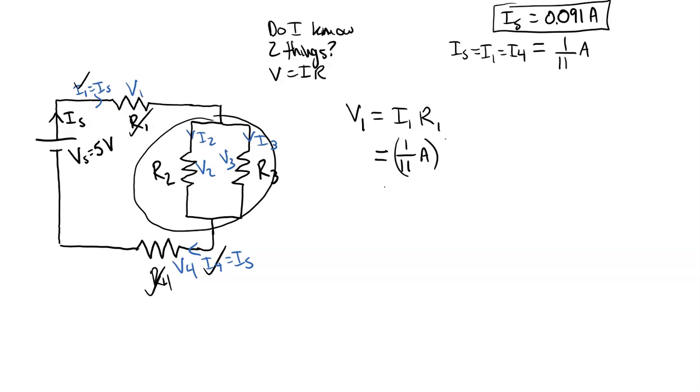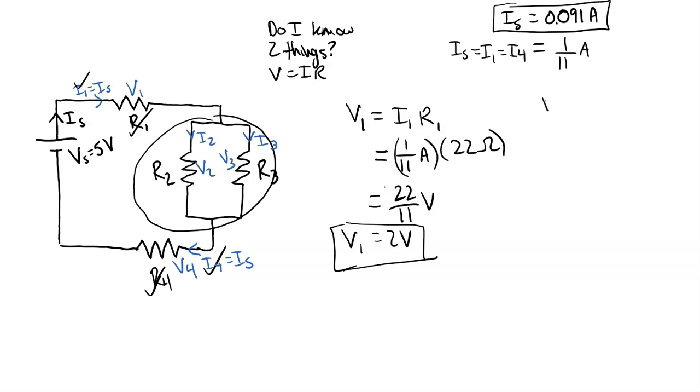I'm using that exactly because as we put in 22 ohms, it cancels out rather nicely because we get 22 over 11 volts, which is exactly 2 volts. So V1 is 2 volts. We do the same thing for V4. And it actually ends up being the same value, right? It's I4 times R4, which are exactly the same values. So for V4, we get a value of 2 volts as well.